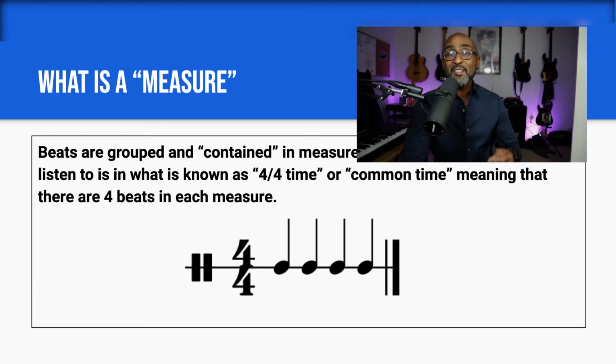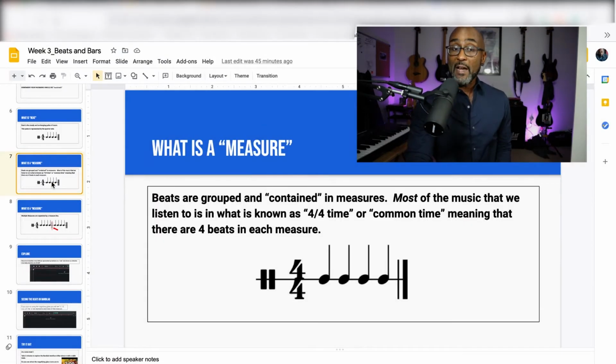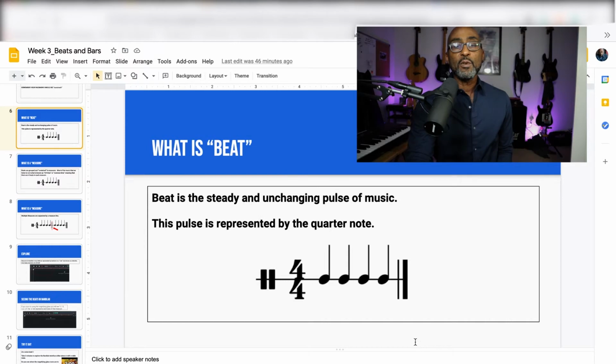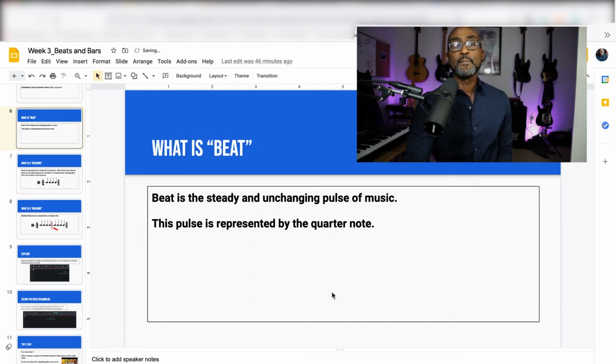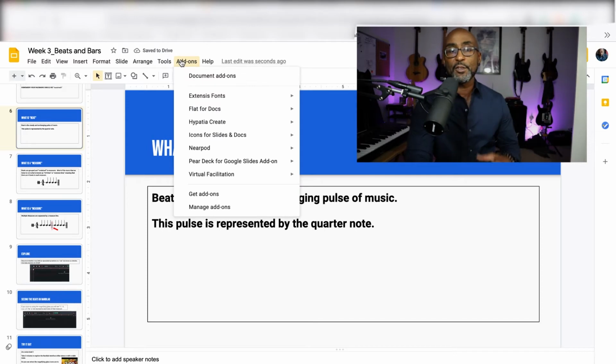So how do we get this music notation into Google Slides in the most efficient way possible? For this, I've used Flat for Docs, and I'm going to show you. I'm just going to get rid of this and go to add-ons. If you don't have this, you're going to find this the same way that you would find any other add-on.